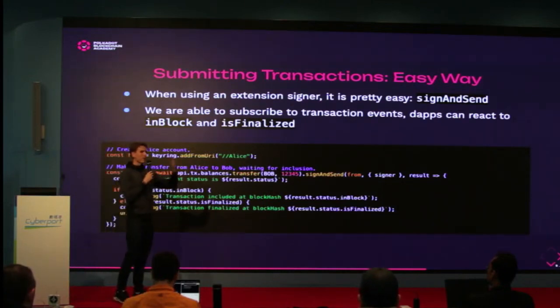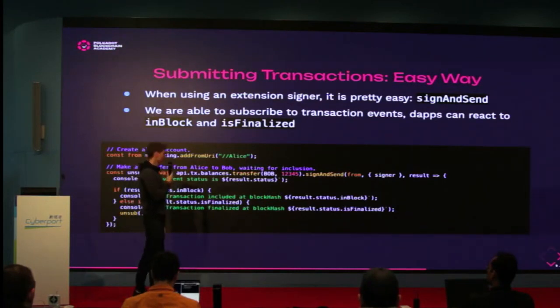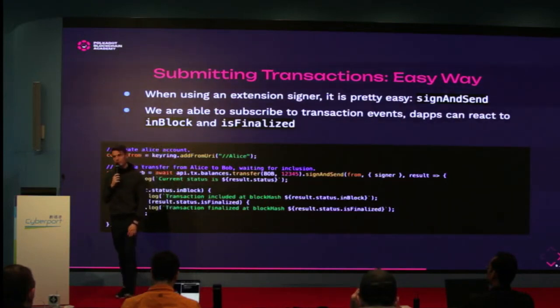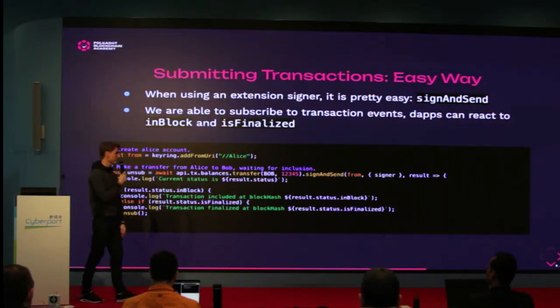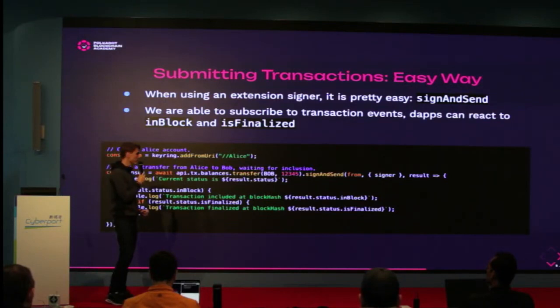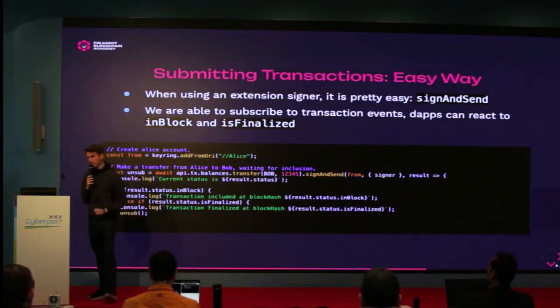So the UI will then be able to refresh and update. Is finalized takes up to a minute. So even though it's safer to assume this transaction is actually finalized, it's not the best user experience. So we usually listen to the in-block status.